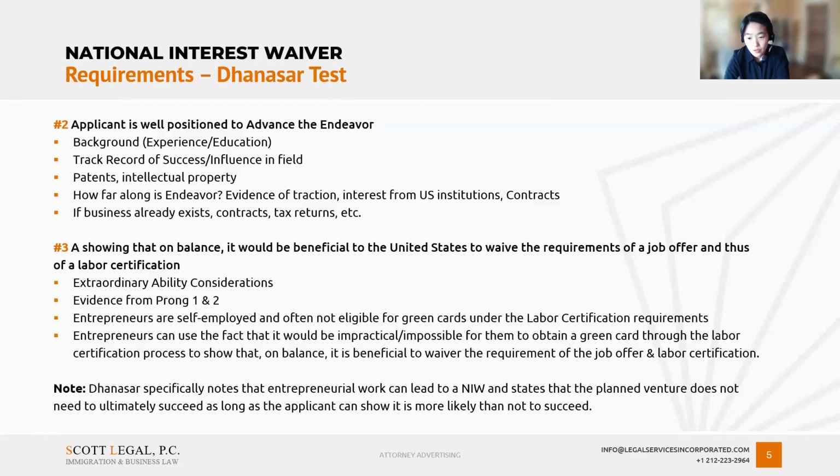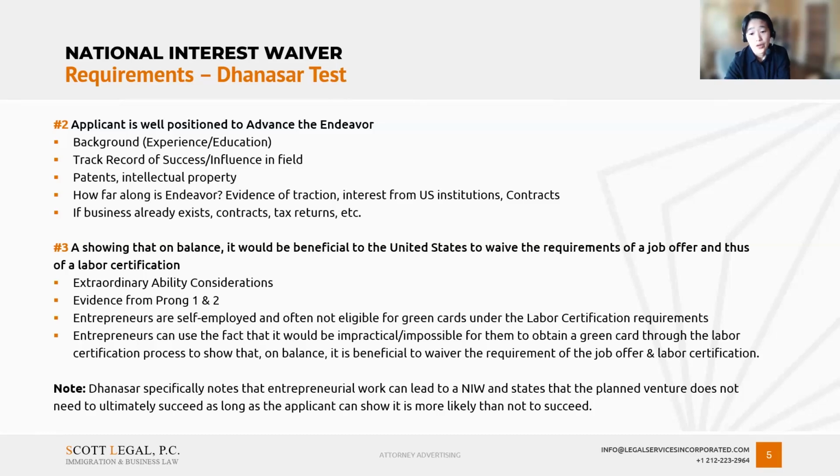You can also point to evidence from prong one regarding the broad impact that is expected from your work, so that the benefits of your work, such as developing a new cure for cancer, saving millions of lives, would definitely be a much larger benefit than the ordinary benefit of saving one job spot for one U.S. worker. So you can talk about that.